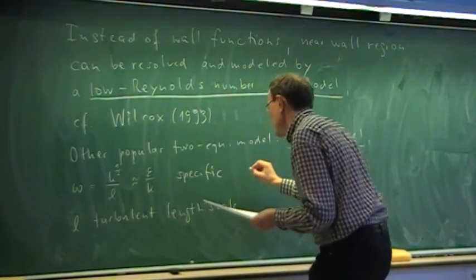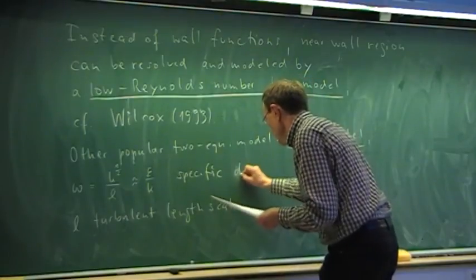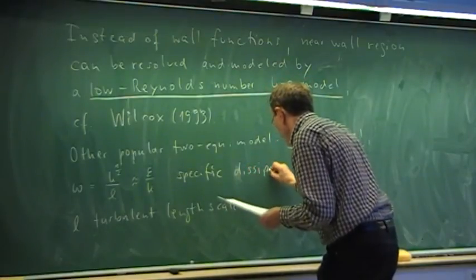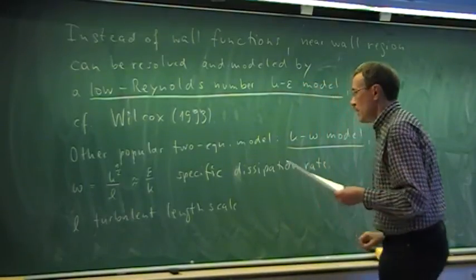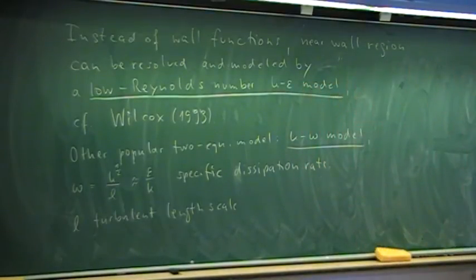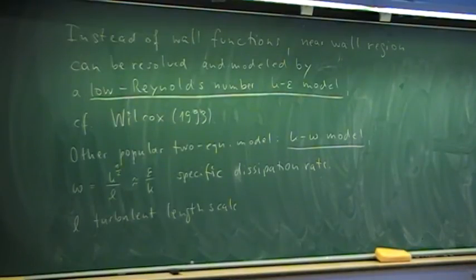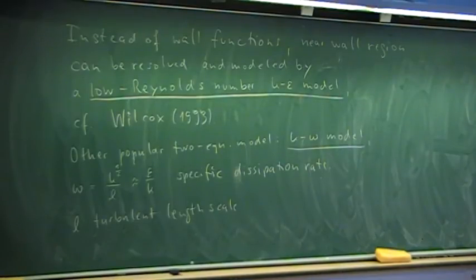So the omega is the specific dissipation rate. Why does this have a point? Because it's easier to treat near the boundary. So the K omega model has an advantage near the boundary. There, the K epsilon model has a problem with the boundary condition for epsilon. So this is easier with the omega.